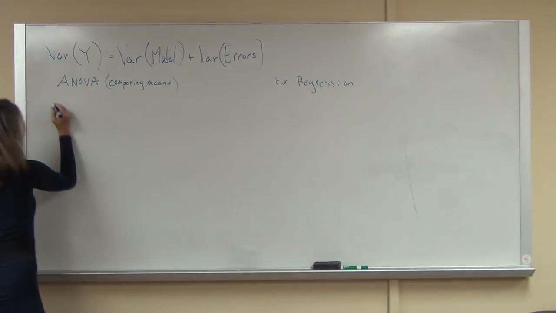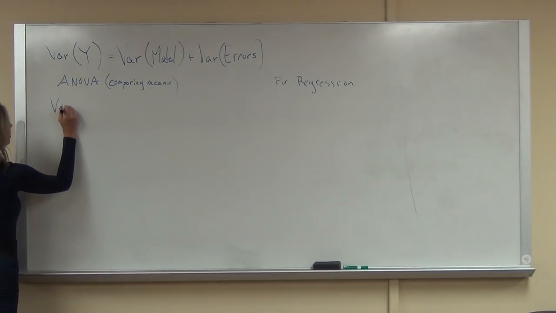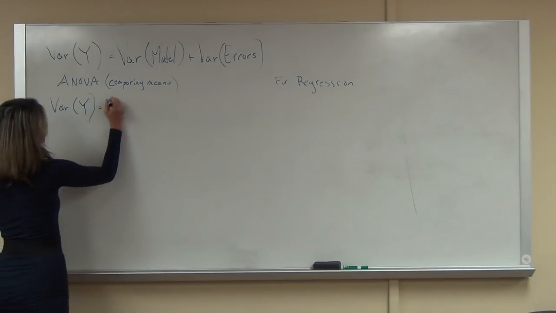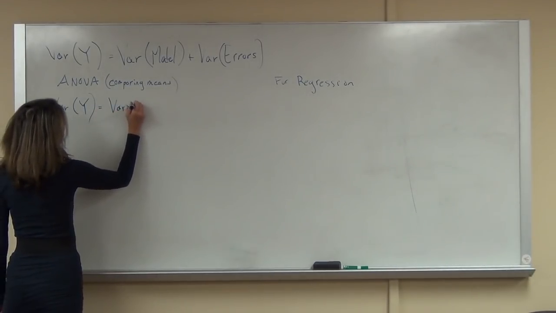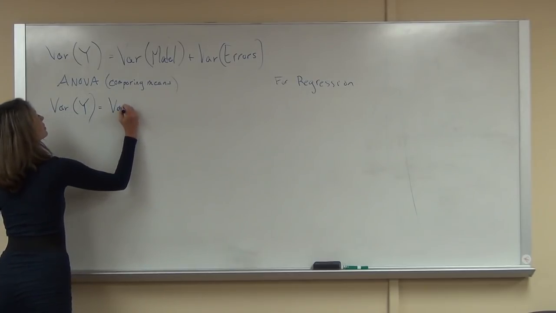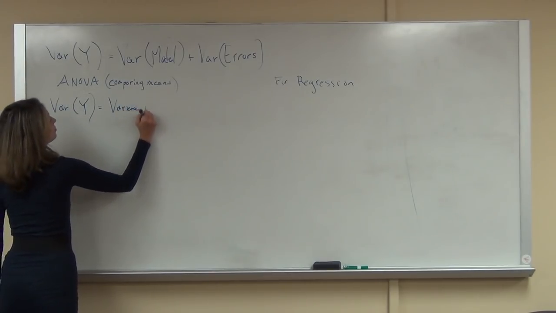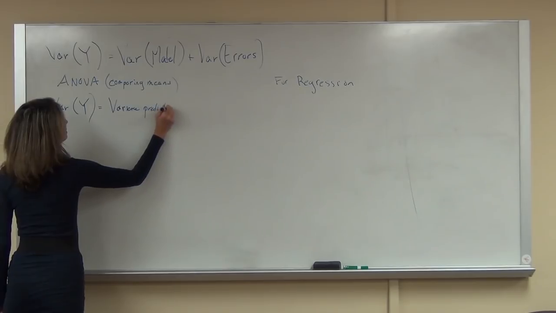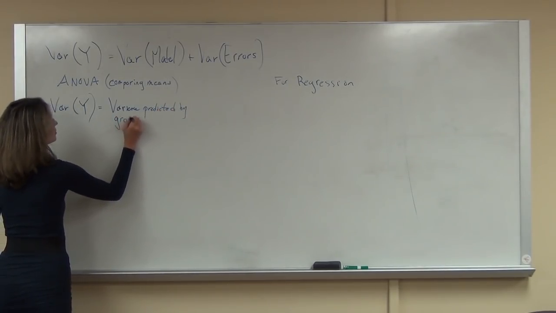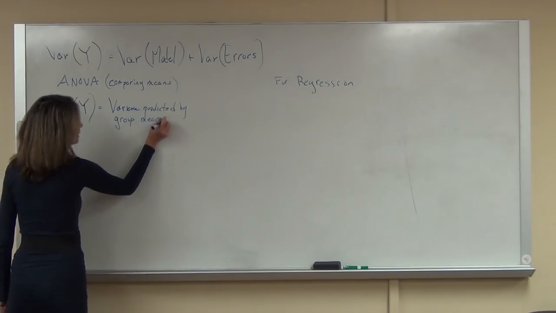So what we did with the ANOVA, we said the variation of the y variable is going to be equal to the variance predicted by group means, by the group they're in. It's kind of like stereotyping.